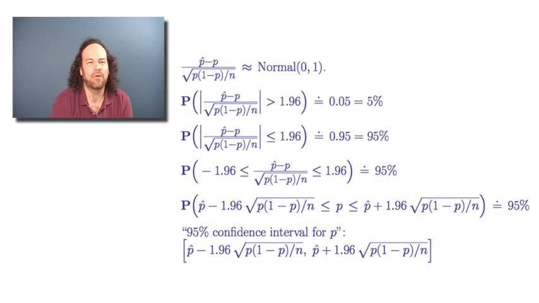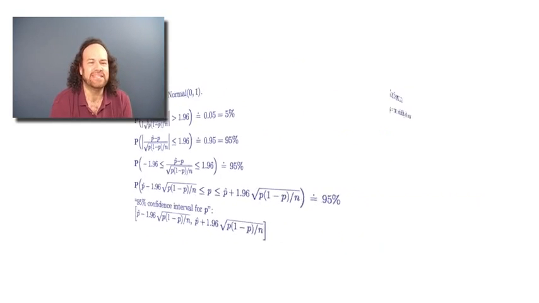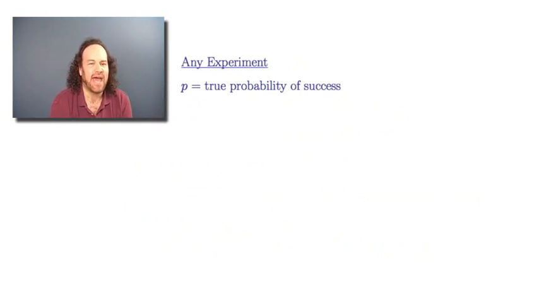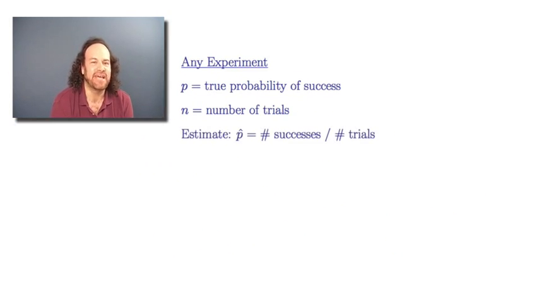Now, if we understand what we did for the bottle cap, then it's easy to do it in general. Say we have any experiment with a certain probability of success, like getting red, and we run n different experiments or trials. We look at the proportion of successes, the number of successes divided by the number of trials, and we'll call that P hat. It's our estimate of the true probability of success on each trial.